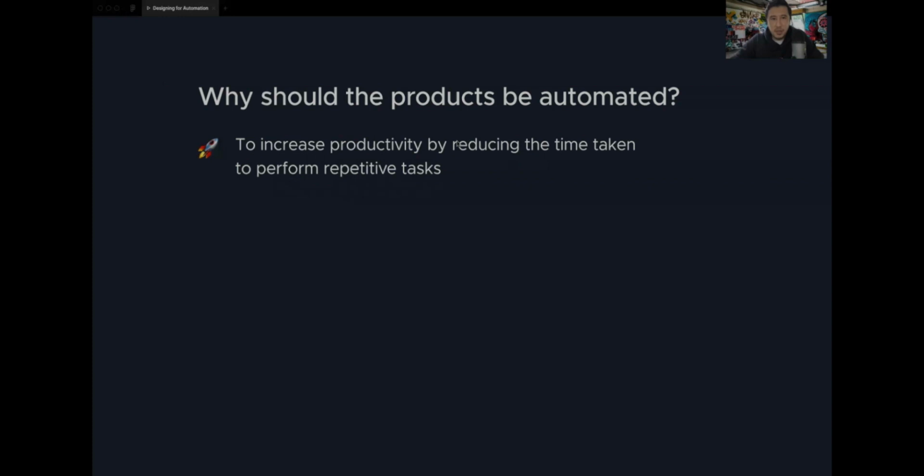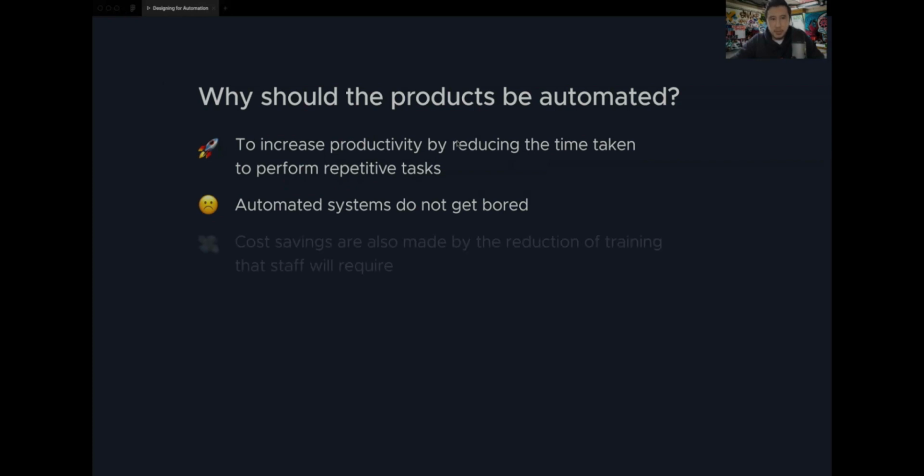The first one is to increase productivity by reducing the time taken to perform repetitive tasks. And automated systems don't get bored. Imagine if you do the same job every day, you can get bored easily. So automated systems help to not get bored.